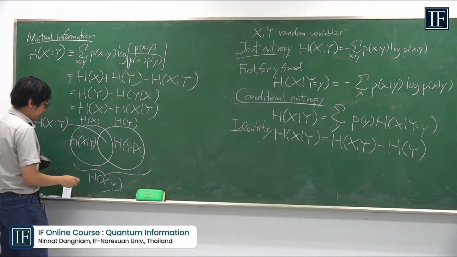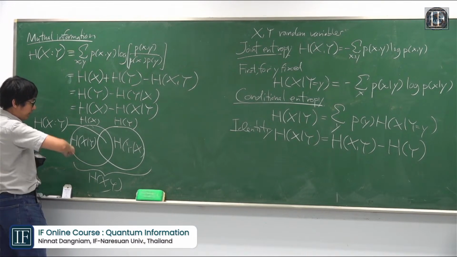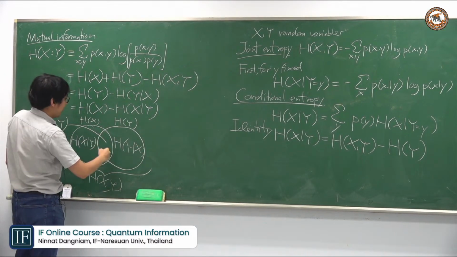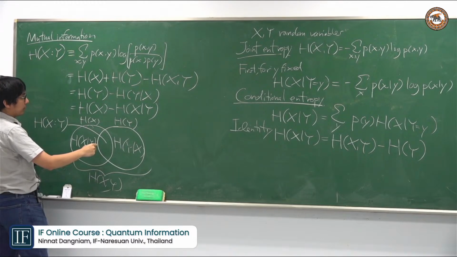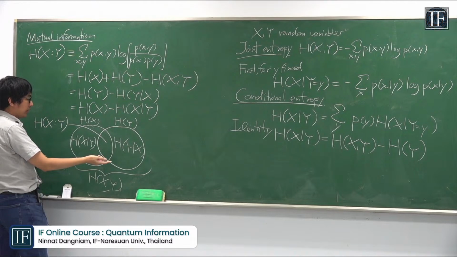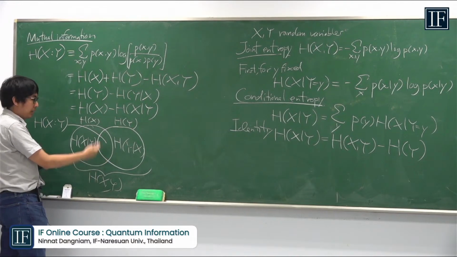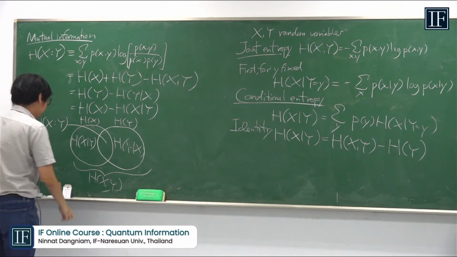Right, because it's the area of X plus the area of Y, so it will be greater than the joint entropy by this amount that's overlapping.